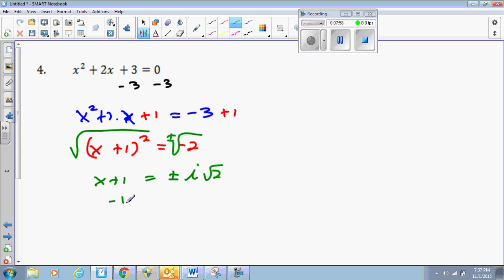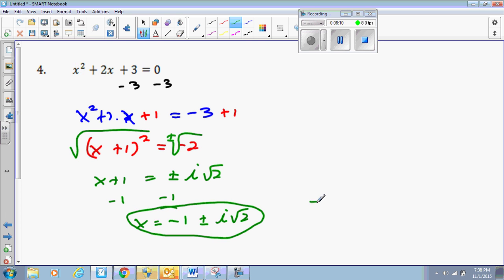So now I'm going to subtract 1 from both sides, so x equals negative 1 plus or minus i times the square root of 2, and that's fine. If you wrote it negative 1 plus or minus the square root of 2 times i, that would be acceptable as well, actually probably better, but most books and tests and quizzes will write it like this, standardized ones at least.